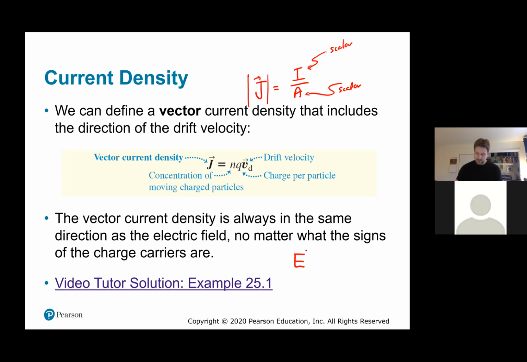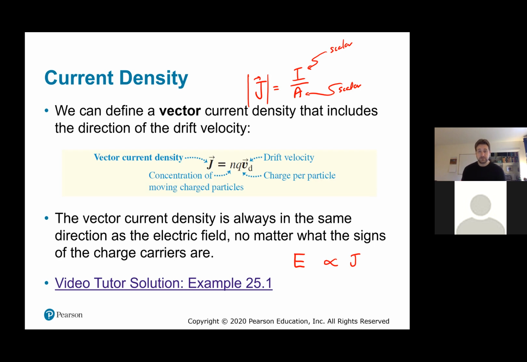If we have an electric field magnitude E, I expect that to correspond to a proportional current density.